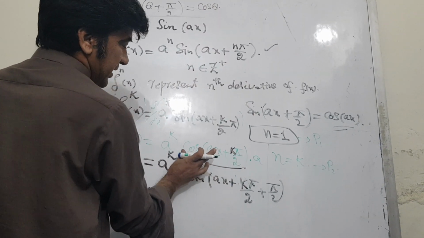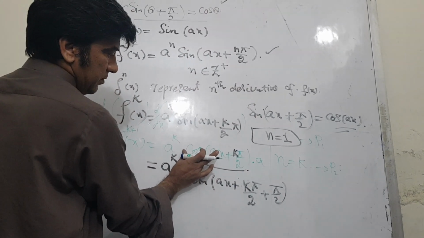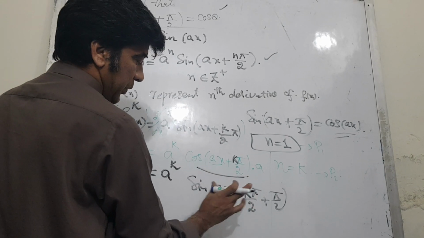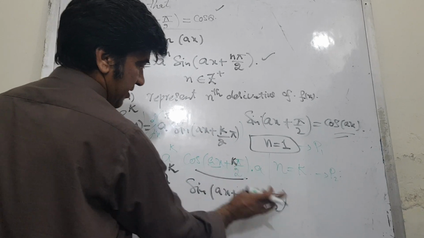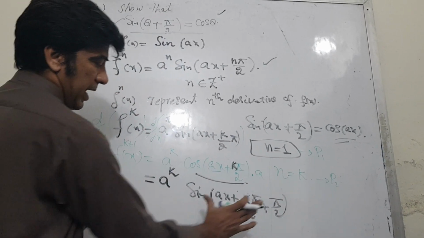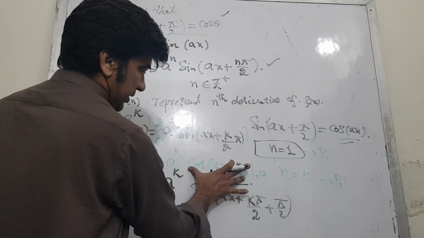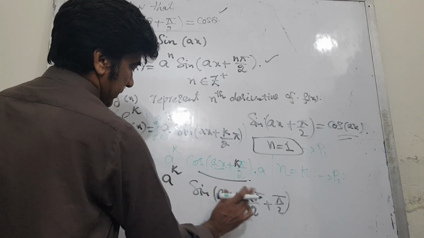So I just replace this cos by adding π/2 to whatever the angle is here. By adding π/2 in this form, this becomes sine.